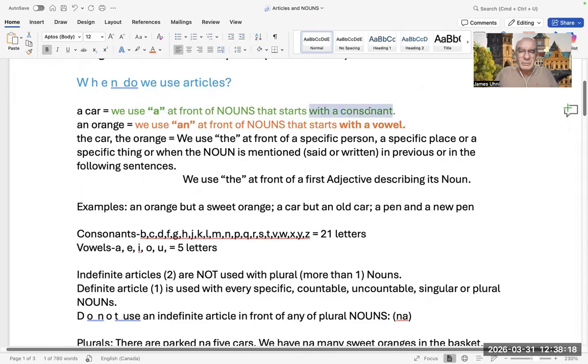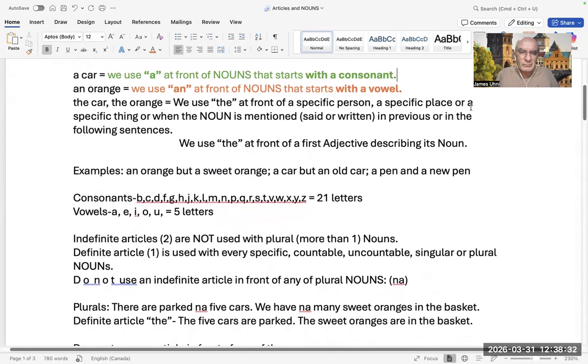Do you remember what a consonant is? I told you these things look innocent, easy to forget. I don't need to know it as long as I know A, B, C, D. Well, it's not true. Now we have the car, the orange.